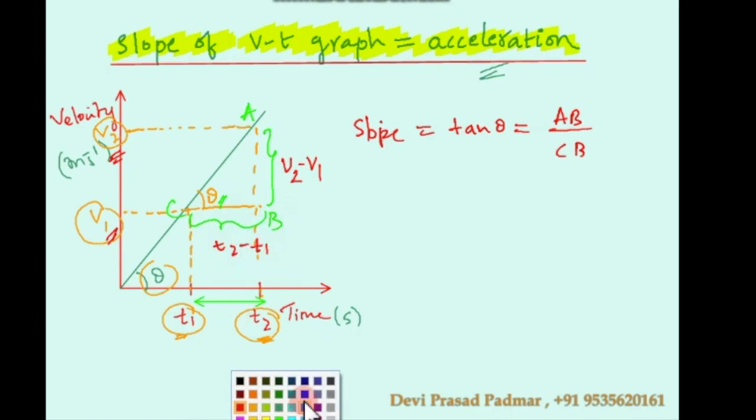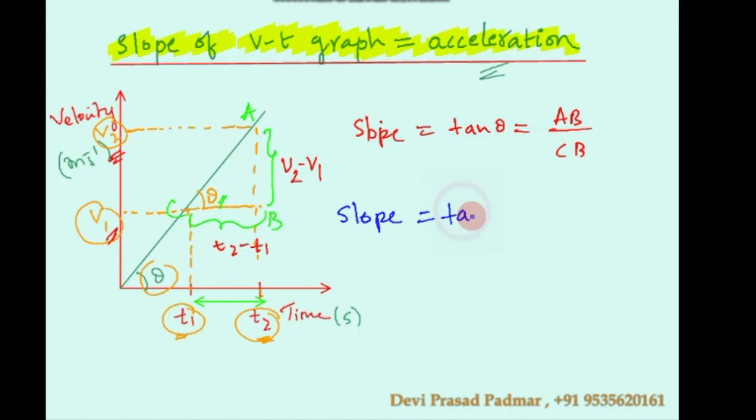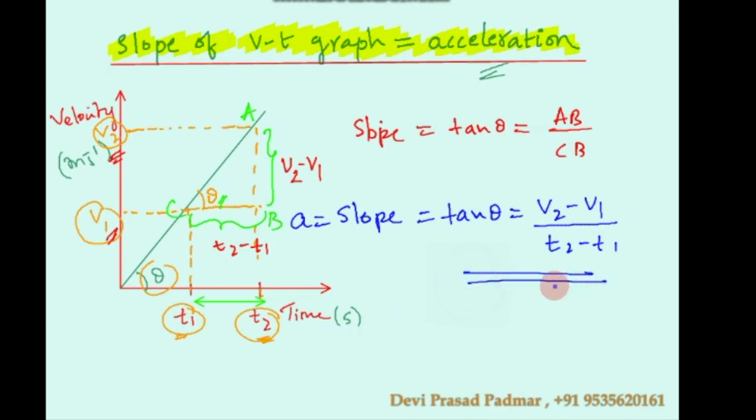Therefore slope gives acceleration, so we can write slope equal to tan theta, which is AB, that is V2 minus V1, divided by T2 minus T1. So what does this slope give? It is nothing but acceleration, correct? Therefore this is how we can calculate acceleration from the VT graph, right?